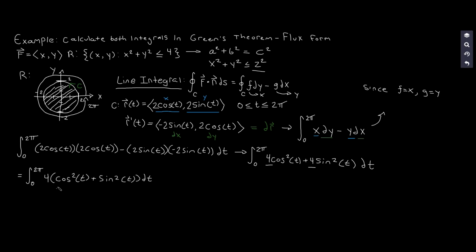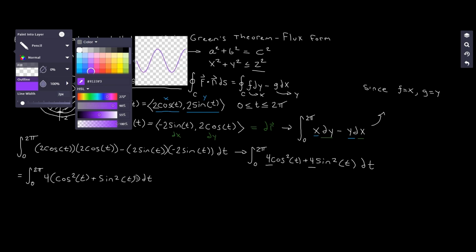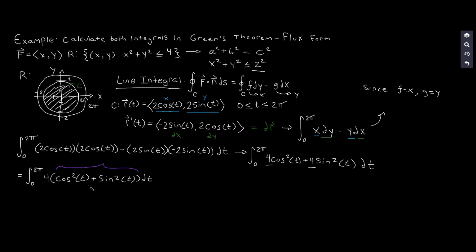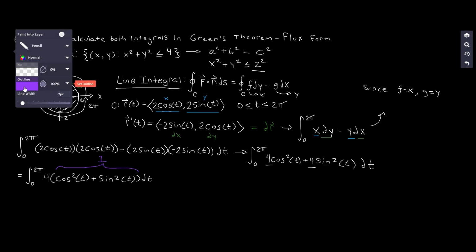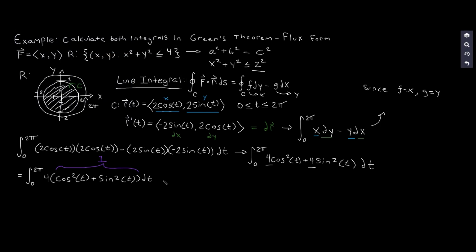And what's this? A Pythagorean identity has revealed itself to us. Cosine squared of t plus sine squared of t equals 1. So, having identified that, we're going to have the definite integral from 0 to 2 pi of 4 times 1, which is 4, dt equals 4t evaluated from 0 to 2 pi.